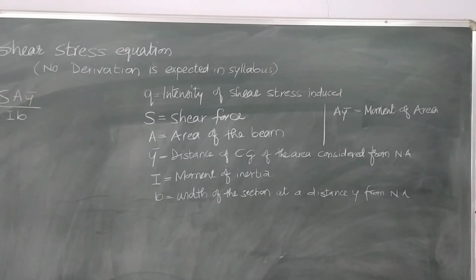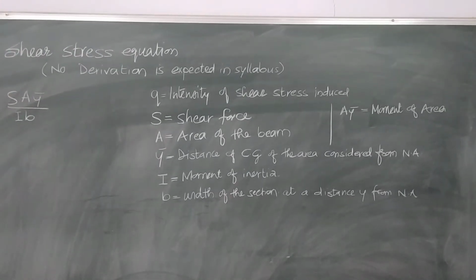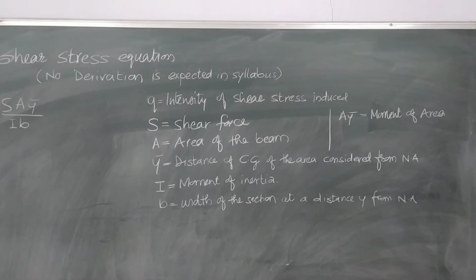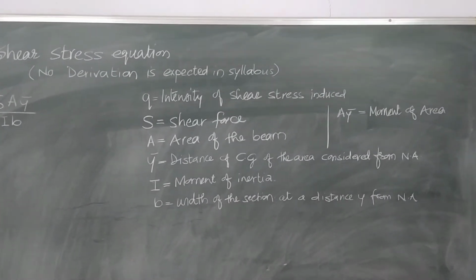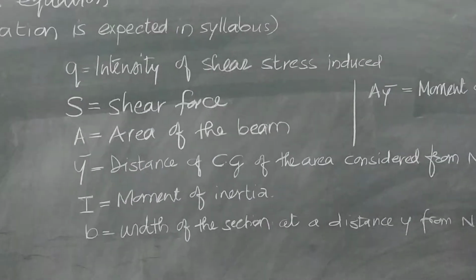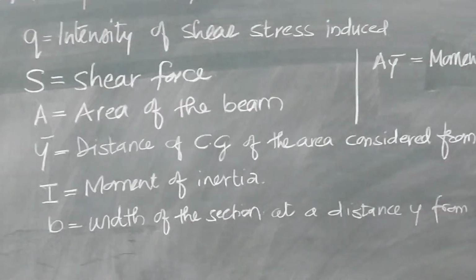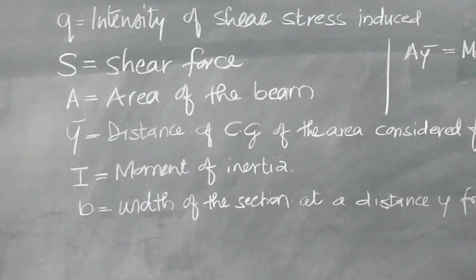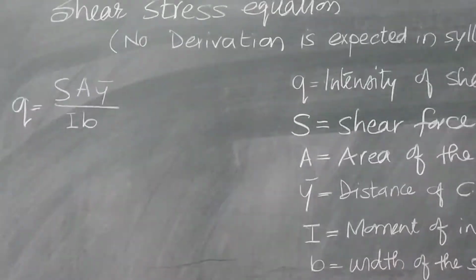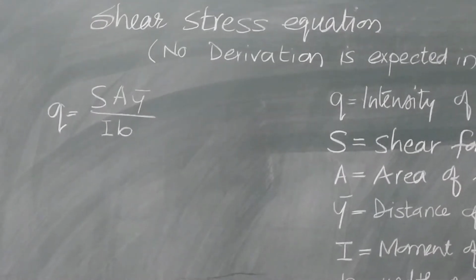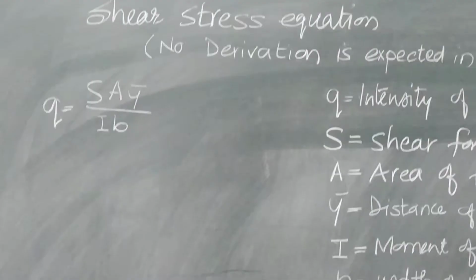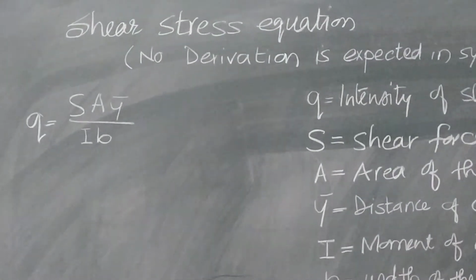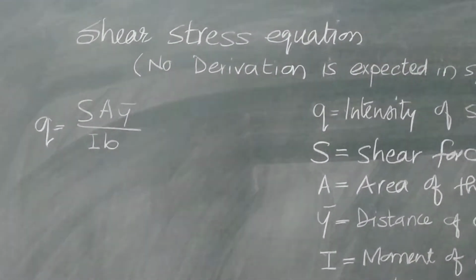I is moment of inertia expressed in mm raised to 4. B is width of the section at a distance y from neutral axis. So, these are the terminologies which have been used in this shear stress equation, which is q equal to S A y bar upon I B. We will study numericals based on this.